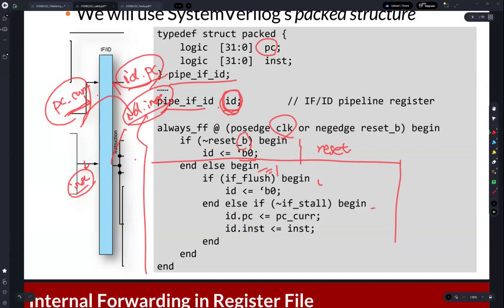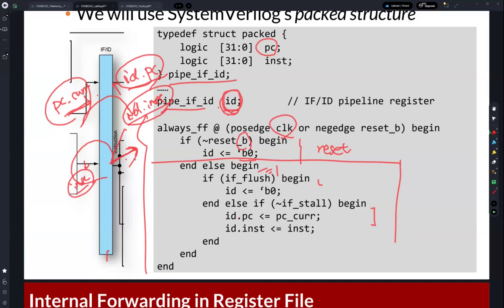So this is the normal operation. Then you may think that the pipeline stall is not defined, right? But actually the pipeline stall is defined. How? So what is the pipeline stall? If the pipeline is stalled, then the output of the D flip-flop is not updated by this signal.